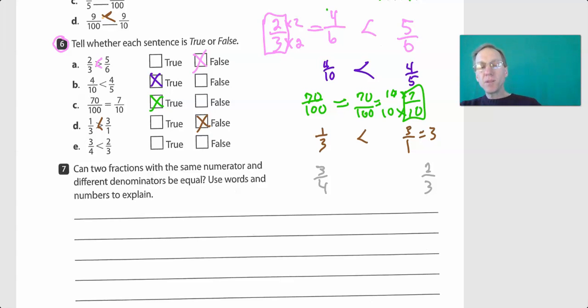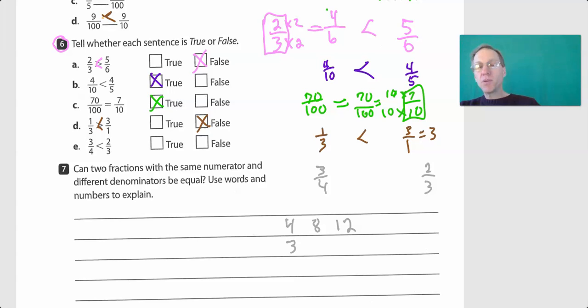Let me show you. I'm going to have to use some space down here that you won't be able to use, so you may want to use just another piece of paper. If I think about it, 4 times 2, I get 8. 4 times 3, I get 12. So if I have this pizza and I double the number of slices, I get 8. If I triple them, I get 12.